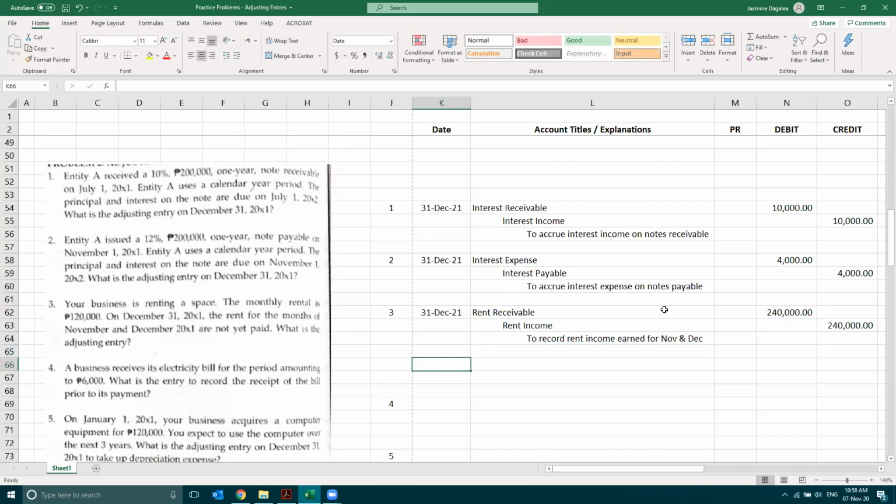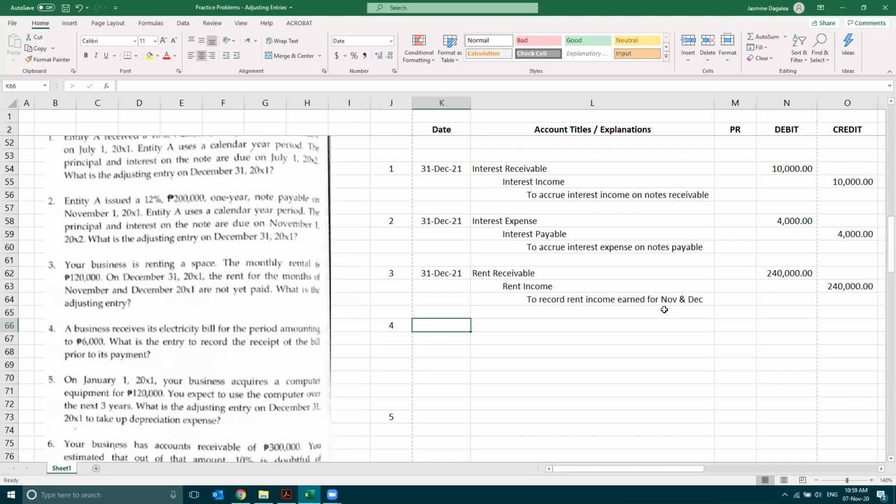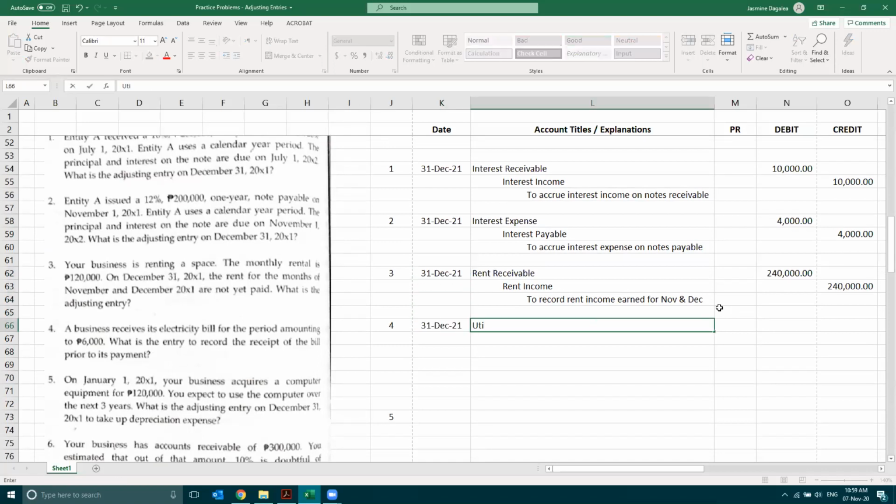Yan. Ganun lang. And then number 4, a business receives its electricity bill for the period amounting to 6,000. What is the entry to record the receipt of the bill prior to its payment? Debit utilities expense. Credit, hindi nyo pa siya bayad, so ano siya sa books nyo?